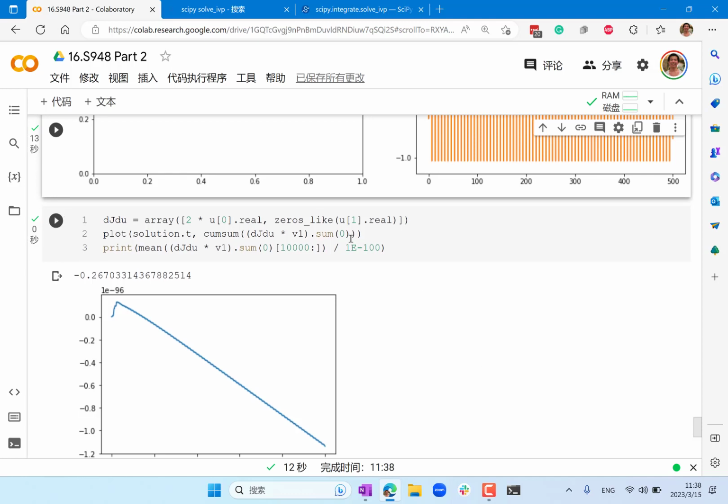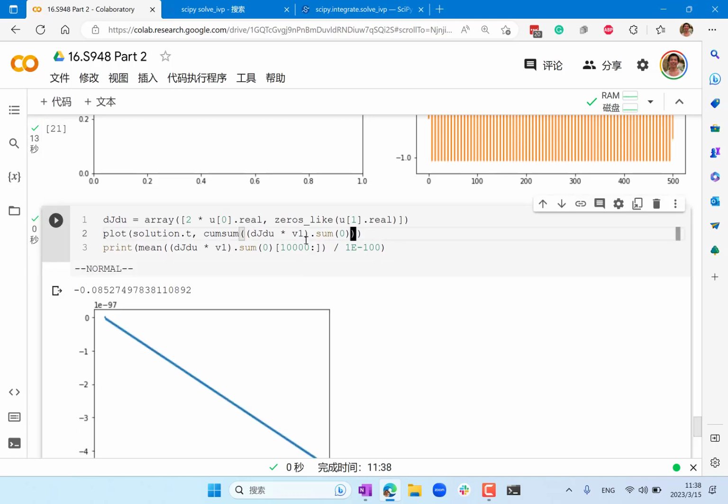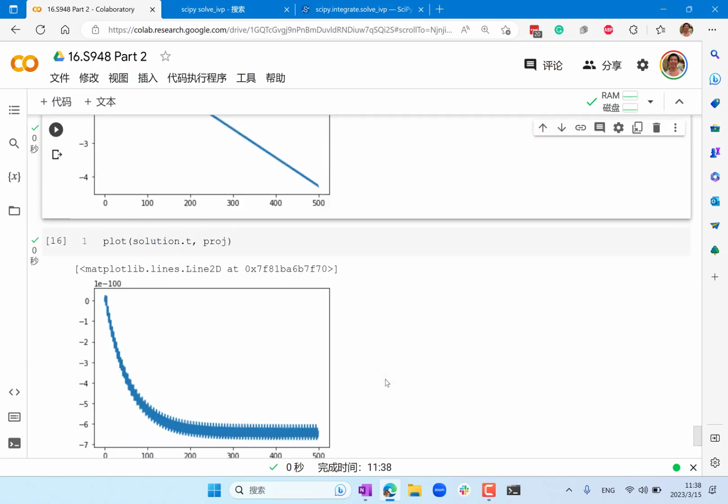Okay, and then let's recompute this. Instead of plus 0.1, we see that the first part of the delta F gives us a sensitivity that's negative 0.08, right? Almost the opposite of what we expect.